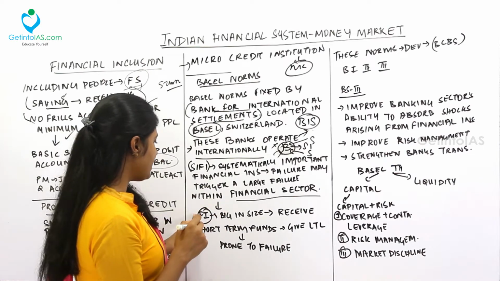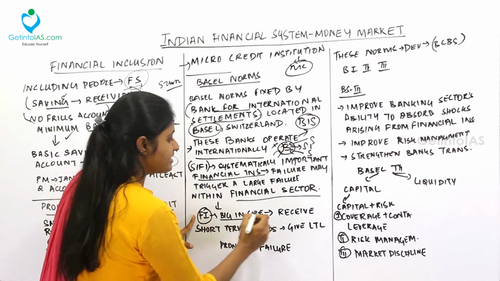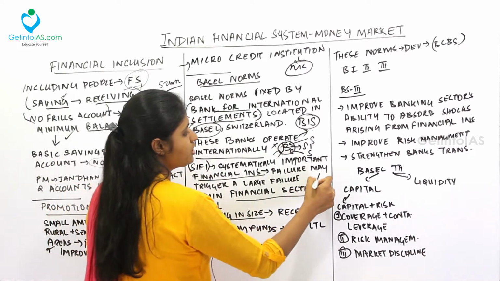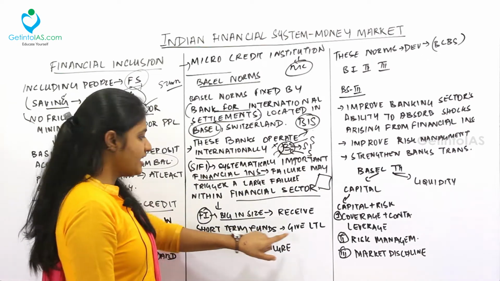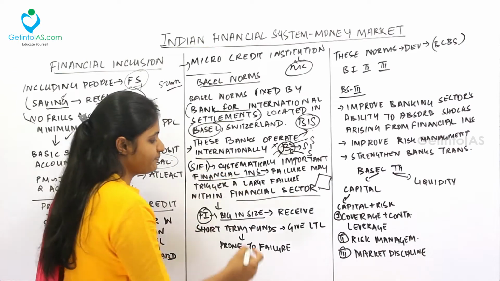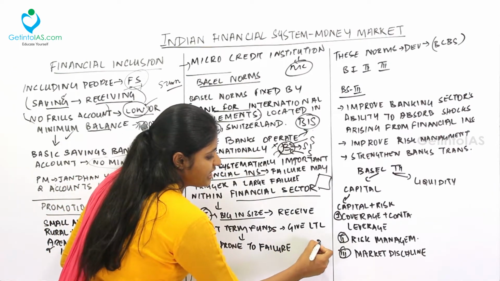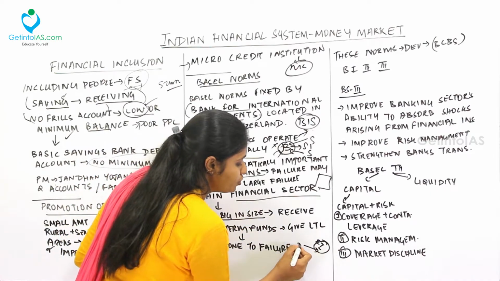Under this, the financial institutions they are referring to here will normally be very big in size. So the size of the financial institution or the bank will be very big. They receive short-term funds and give long-term loans. So there will be a mismatch of liquidity. For example, this financial institution is getting short-term funds through deposits.